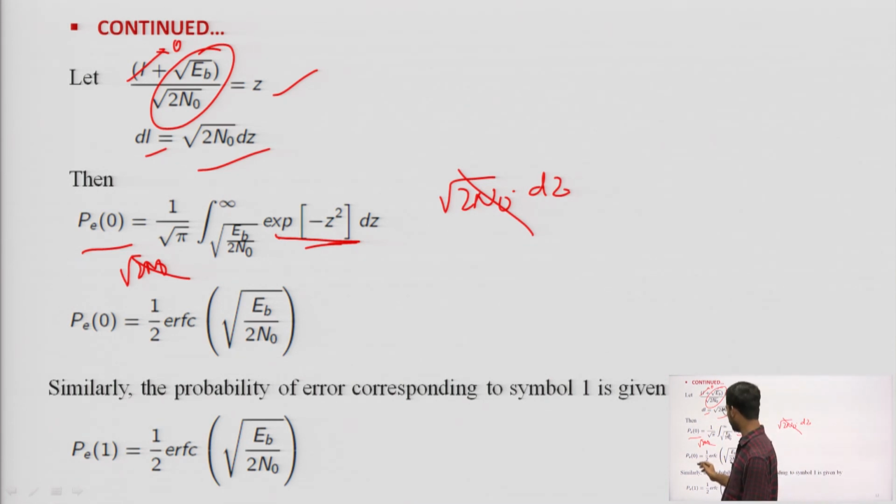So, P_e0 equals half erfc of root EB by 2 N naught.